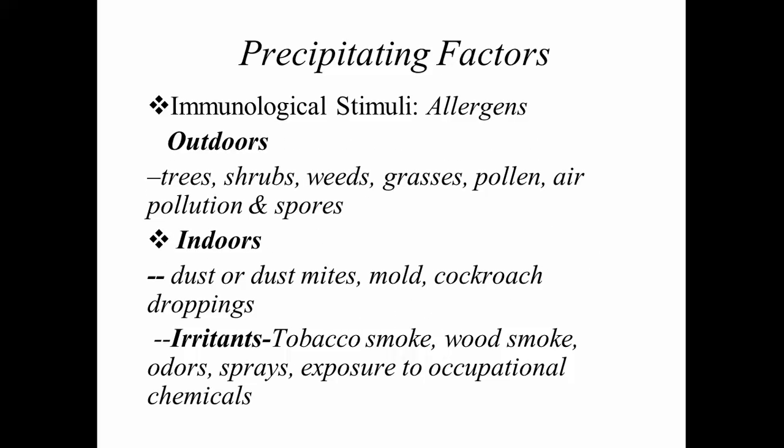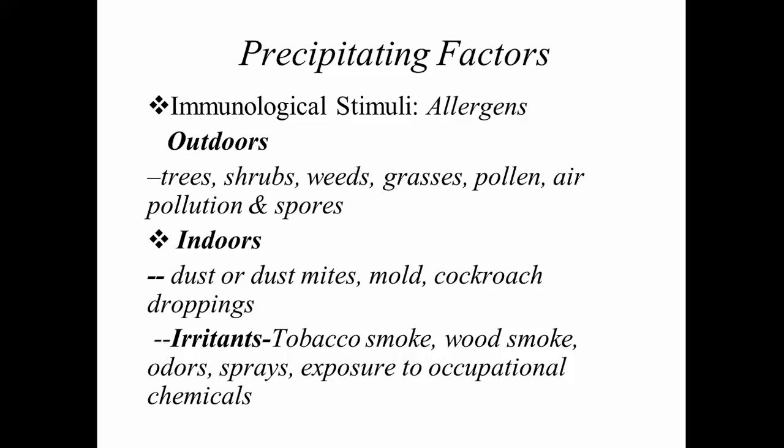So there are some precipitating factors. There are immunological factors or immunological stimuli, such as allergens. There are outdoor allergens and indoor allergens, which can trigger an asthma attack. Outdoor allergens would be trees, shrubs, weeds, grasses, pollen, air pollution, and spores.